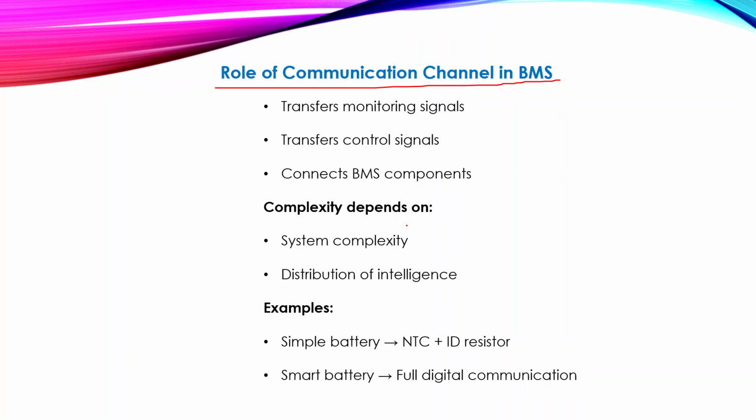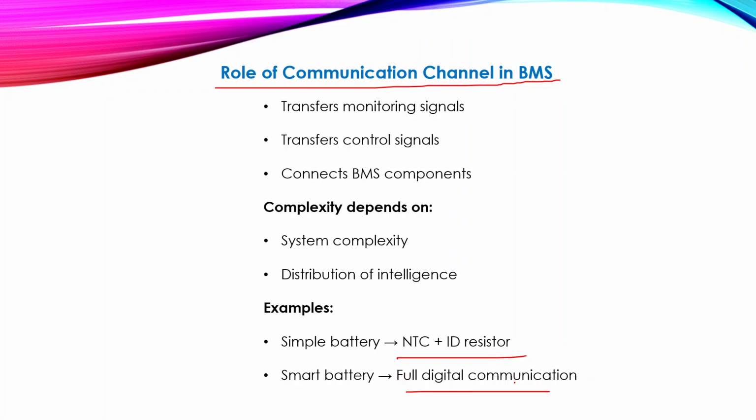In a simple system, communication may only involve temperature sensing using an NTC and identification registers. In smart batteries, detailed digital communication takes place between the battery, charger, and the system host.